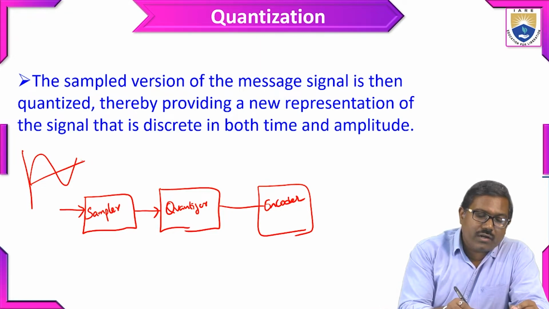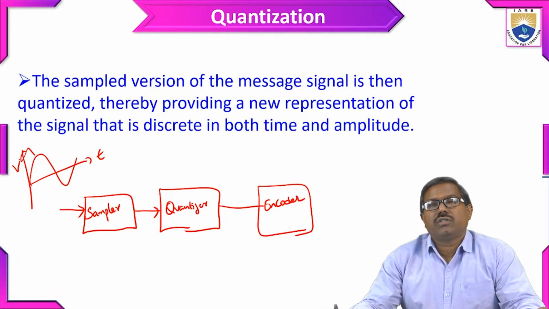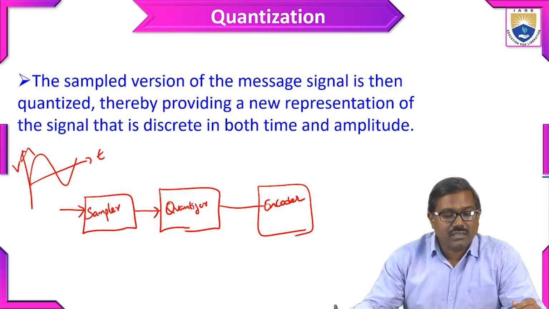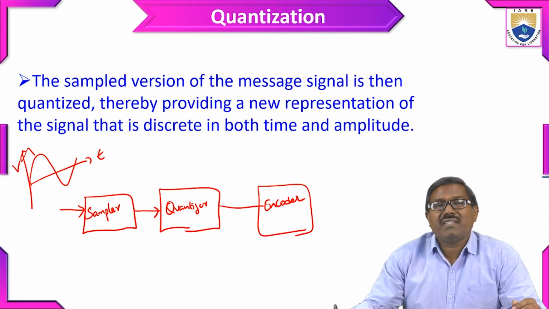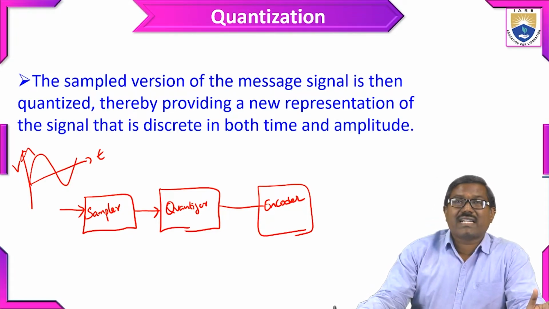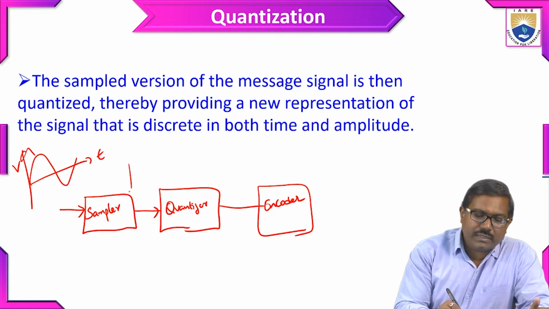Why? Because an analog signal has both time and amplitude. Amplitude is taken on the y-axis and the x-axis is the time scale. My sampler converts the continuous-time signal into discrete samples, so the output of the sampler is discrete like this.